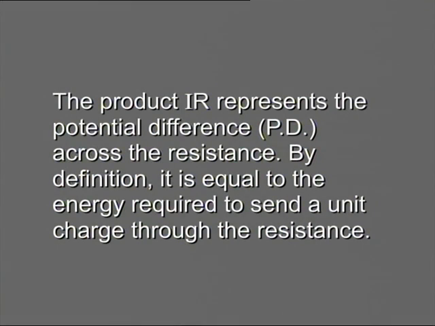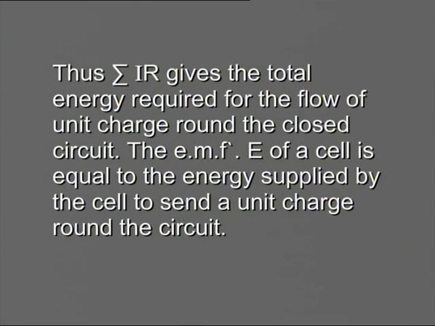The product IR represents the potential difference, that is PD, across the resistance. By definition, it is equal to the energy required to send a unit charge through the resistance. Thus, summation of IR gives the total energy required for the flow of unit charge around the closed circuit.